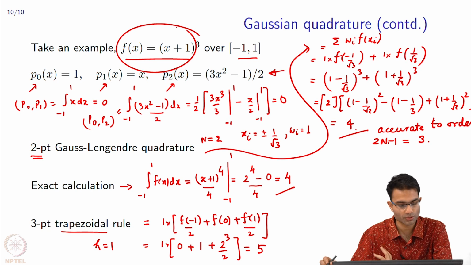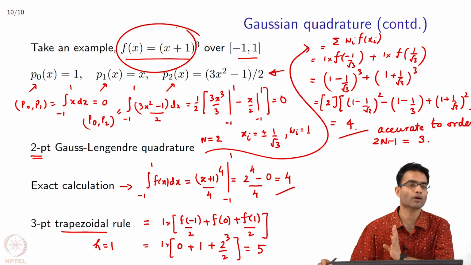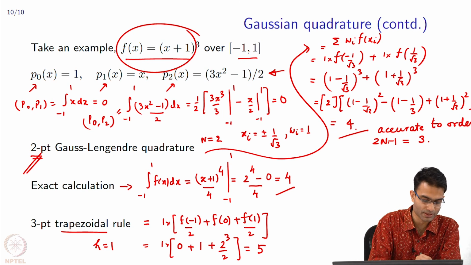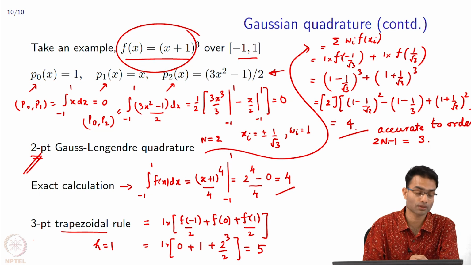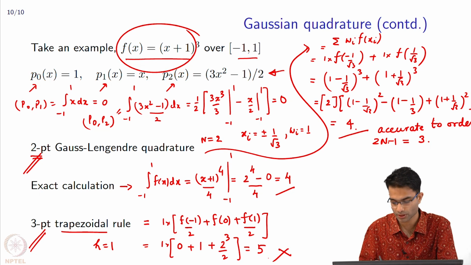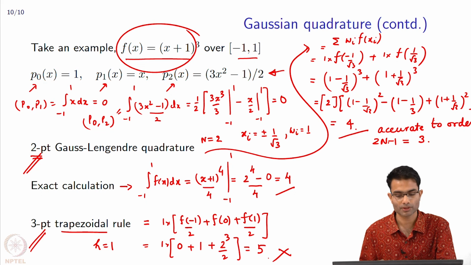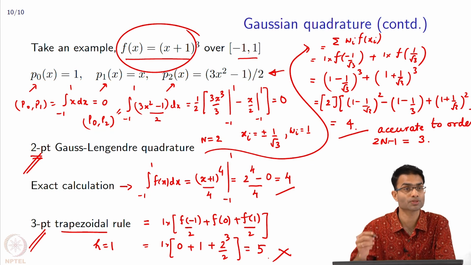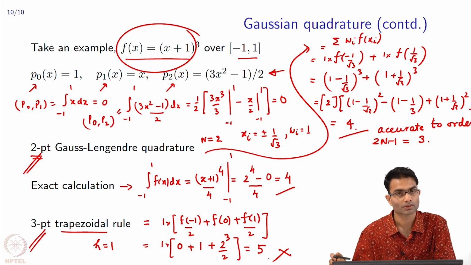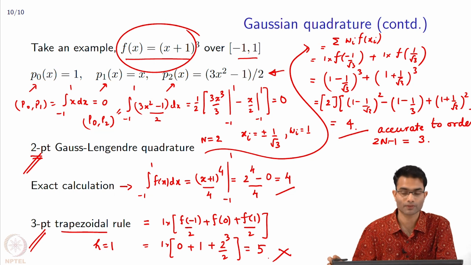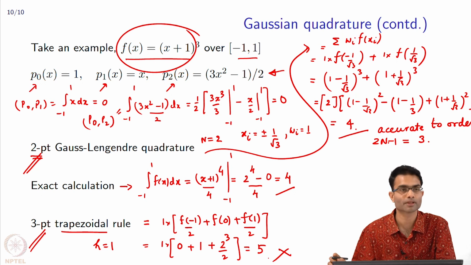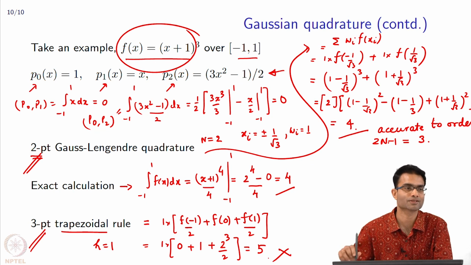This shows you that you can get the same answer with only 2 function evaluations, whereas if you used a slightly inaccurate quadrature rule, even a 3-point evaluation gives you the wrong answer. Hopefully this drives home the importance of using a proper quadrature rule. This brings us to an end of this module on numerical integration, or quadrature as it is more popularly known.